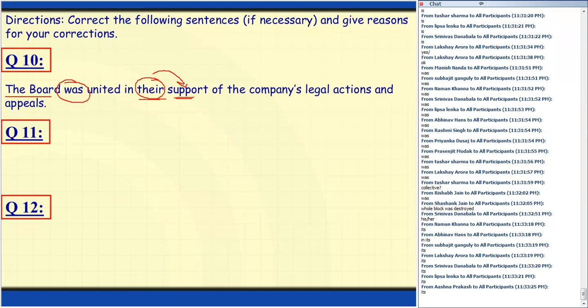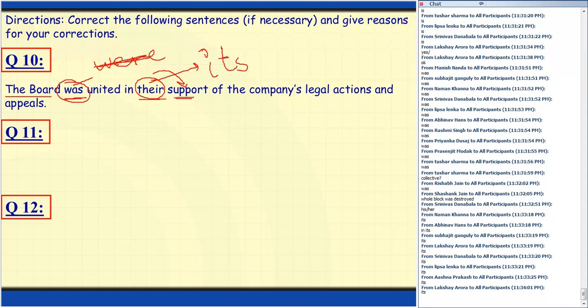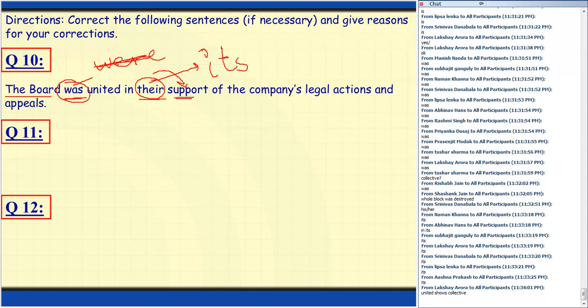So over here it should be the board. Either you change it like this, make it were, or if you do not want to make it were, you want to keep it was, then you need to change there and write its support. In the examination, you are not asked to correct it. You just have to find out whether it has an error or does not have an error. So you will mark it as having error.